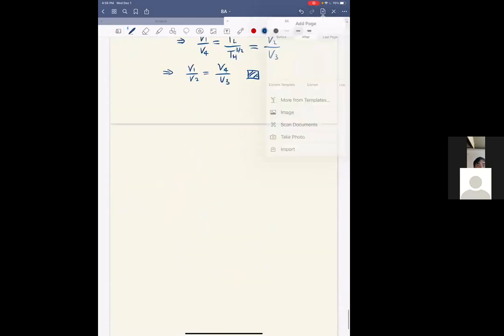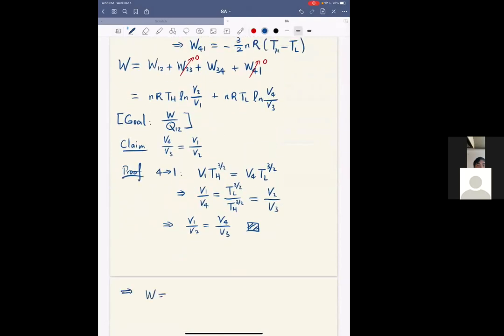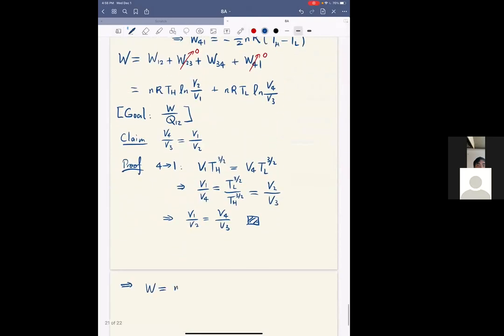So with that proof, we know that we can write the work done as NR TH ln V2 over V1 plus NR TL ln V1 over V2.